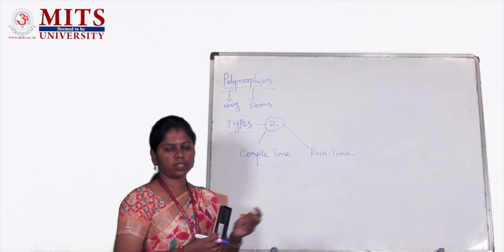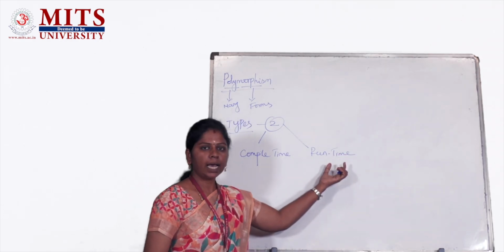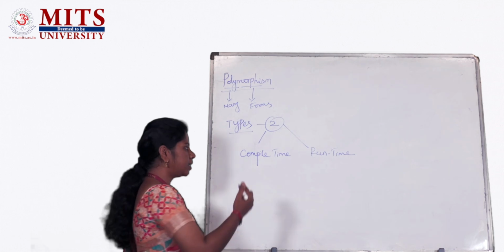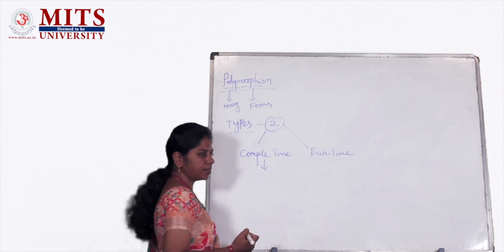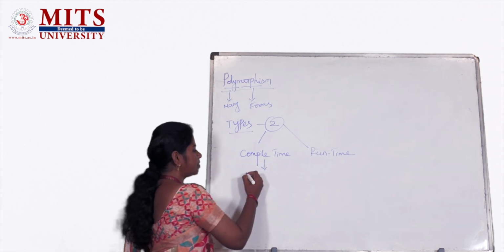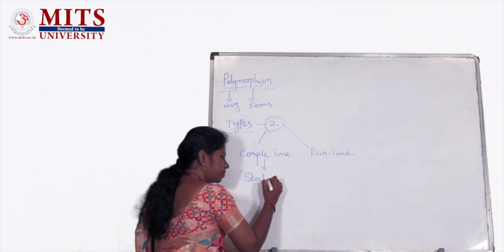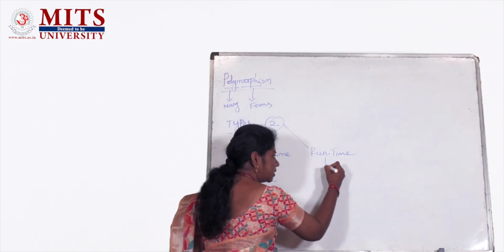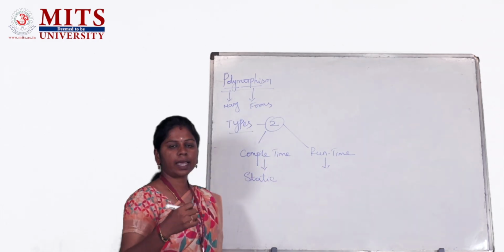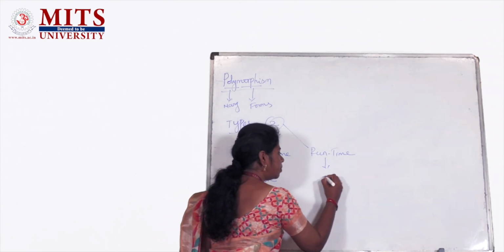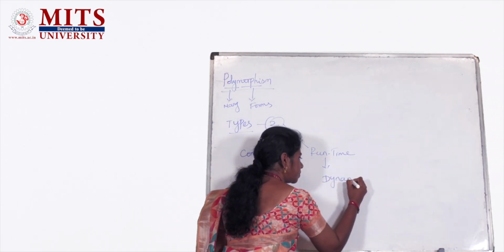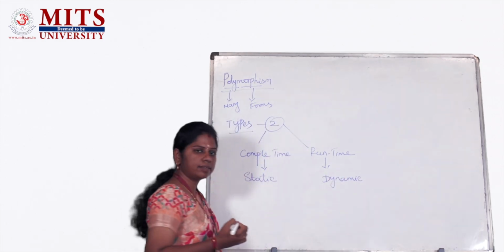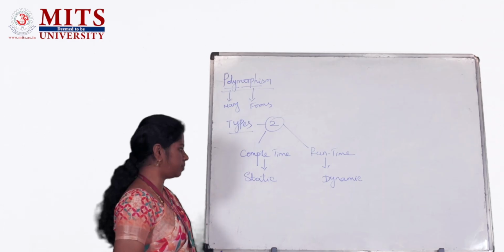Compile time polymorphism can also be referred to as static polymorphism, and runtime polymorphism can be referred to as dynamic polymorphism, or else we can say dynamic method dispatch also.